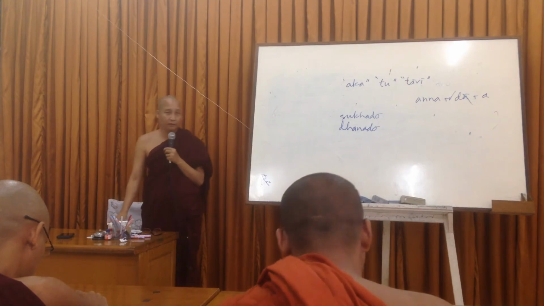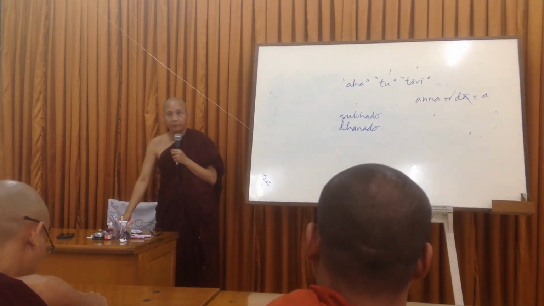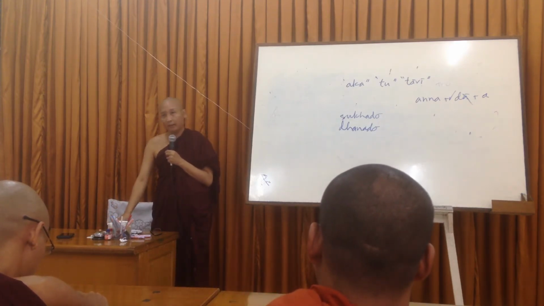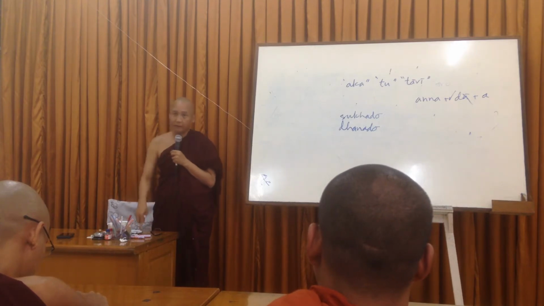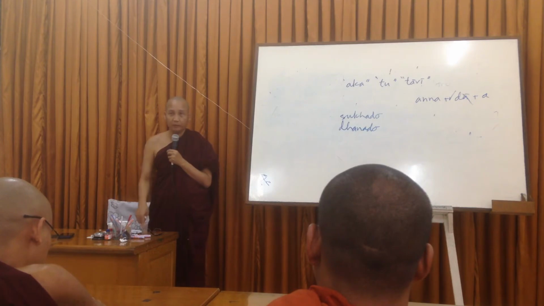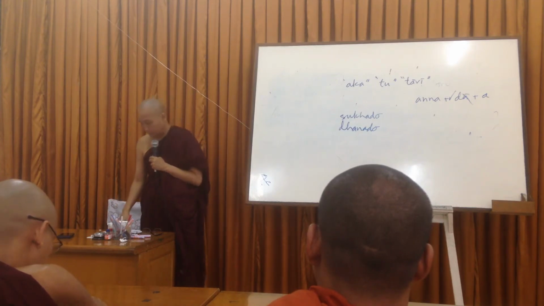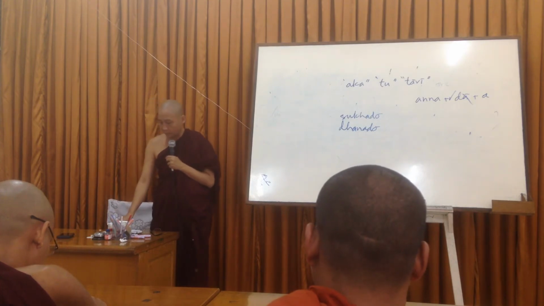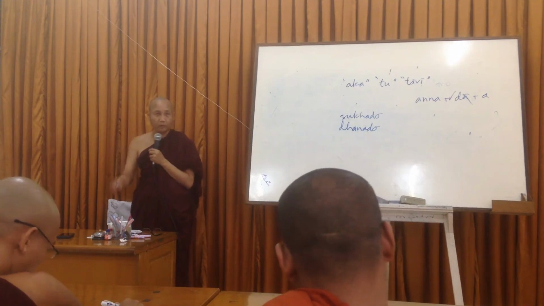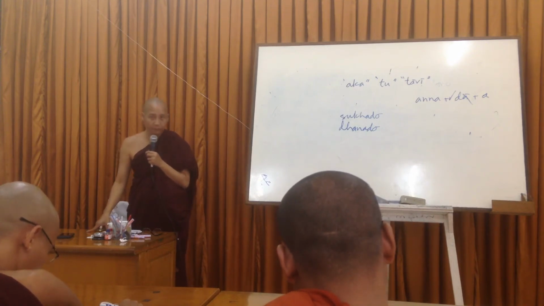Okay, let's say future tense: annam dassati, annado. Annam dadati, annam adasi, annam dassati. We make a word in the present, past, and future. Annado, baladado, sukhado. So that you can extend the number of the words.